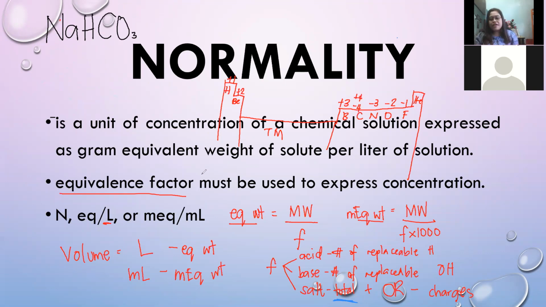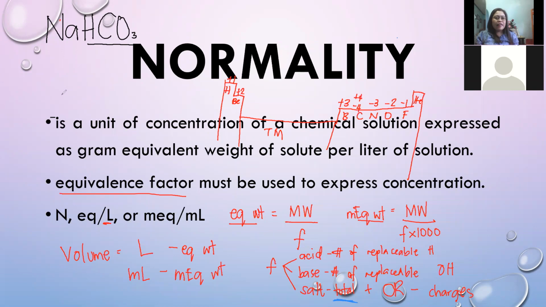So this is applicable for salts. Though hydrogen is present, class, sodium bicarbonate is not an acid, because this one is a polyatomic ion. It does not exist as pure hydrogen there. It is in a polyatomic ion, bicarbonate.